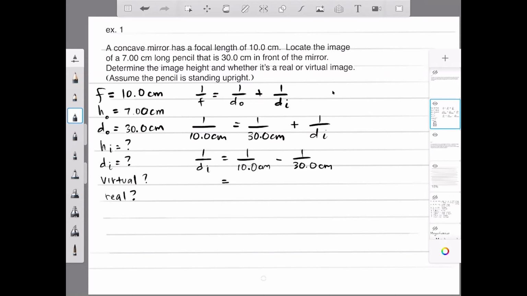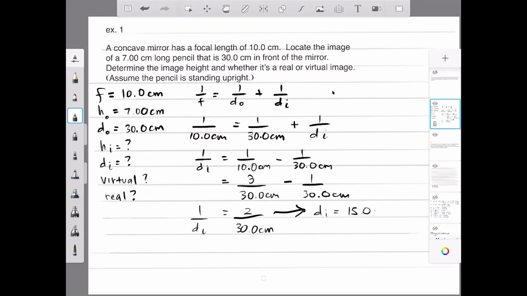I'm going to find the common denominator here, which is 30. This is going to be 3 over 30 centimeters minus 1 over 30 centimeters, which is equal to 2 over 30 centimeters, equal to 1 over dI. We need to take the reciprocal here because we're not looking for 1 over dI, we're looking for dI. So dI is equal to 30 divided by 2, which is 15 centimeters.